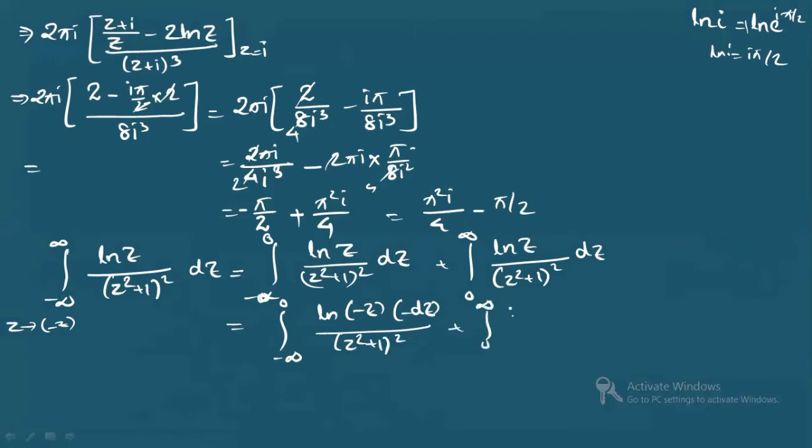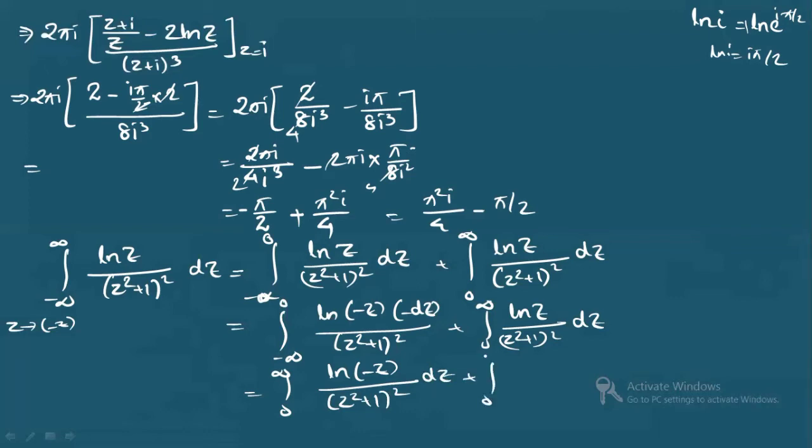Plus 0 to infinity ln z/(z² + 1)² dz. This minus sign is there, making it 0 to infinity. So this is ln(−z)/(z² + 1)² dz plus 0 to infinity ln z/(z² + 1)² dz.